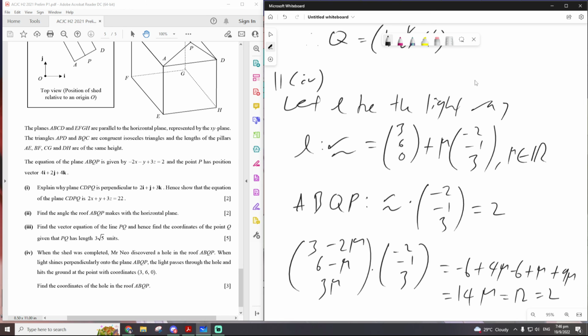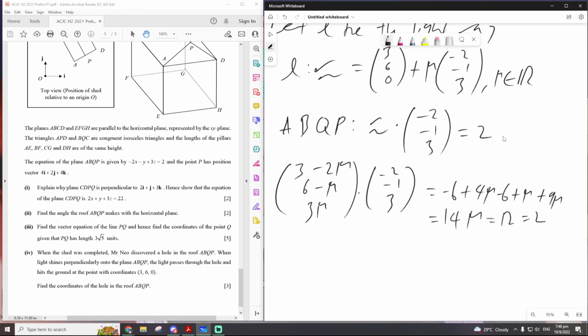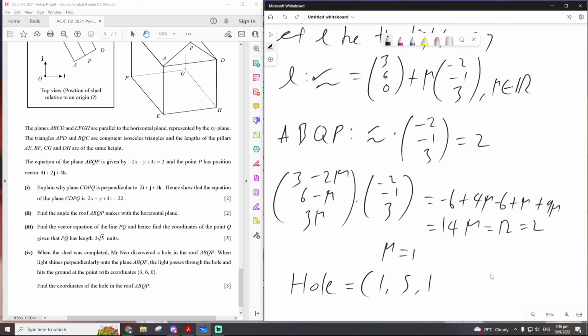So mu equals 1. Then you can find the coordinates of the hole, which lies on L. So the coordinates of the hole will be (1, 5, 3). Sorry.